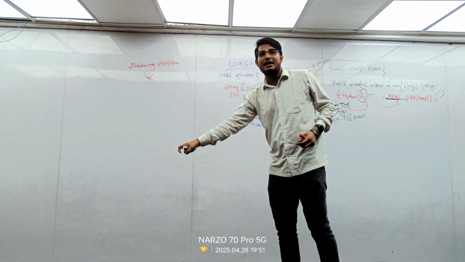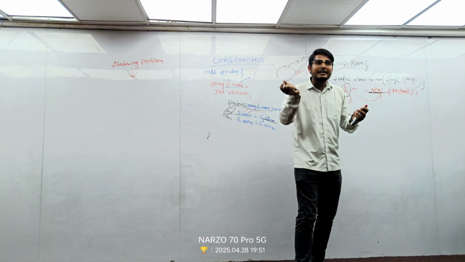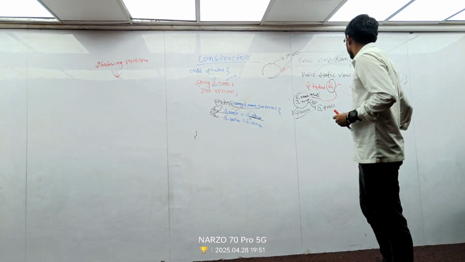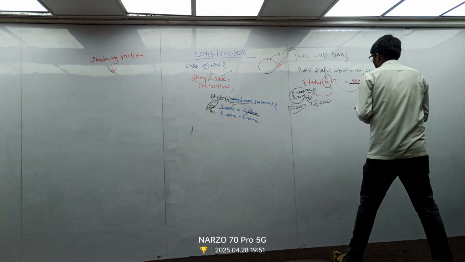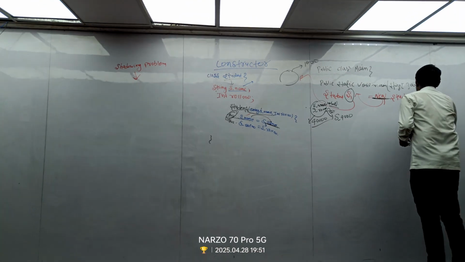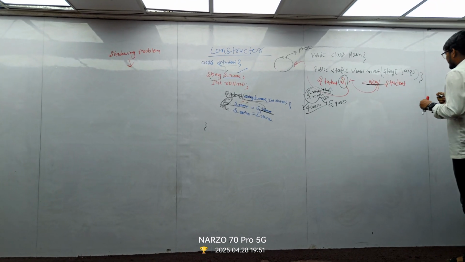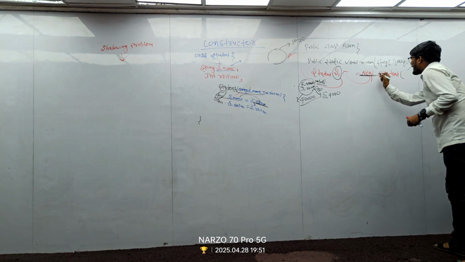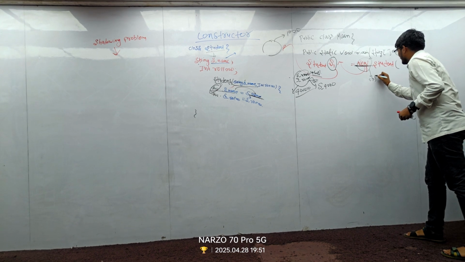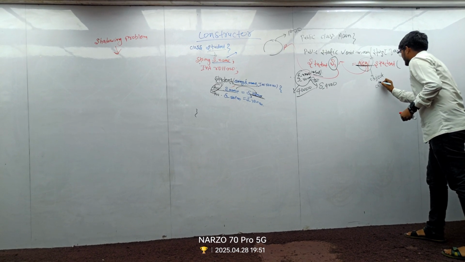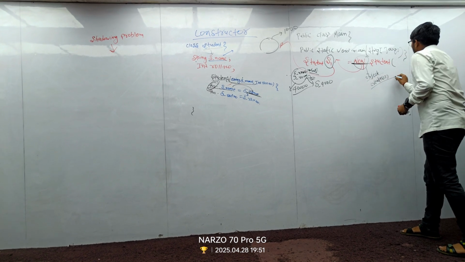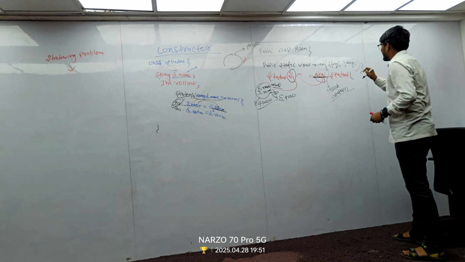Whenever we create an object, at that time we have to initialize the values. For more clarity, at the time of object creation, we initialize the values through the constructor. That is called a constructor.